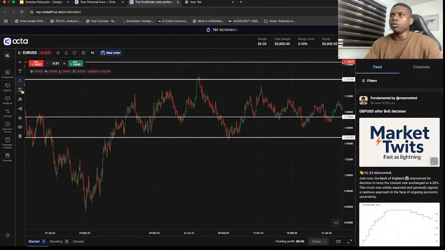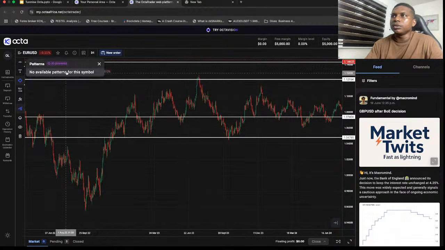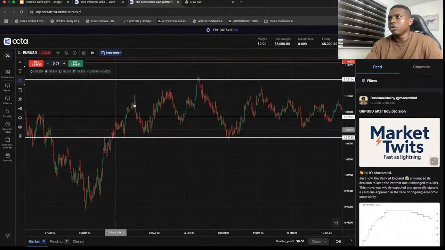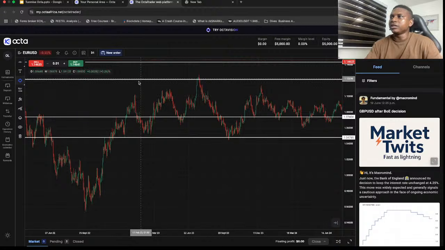So here we can see how price moved from this level up until this level, and we can see how price has been ranging in this triangle.